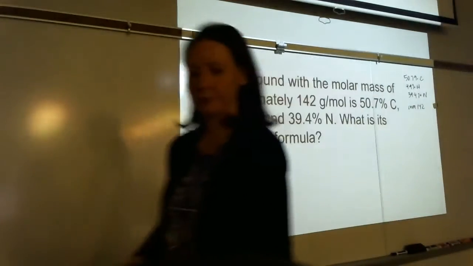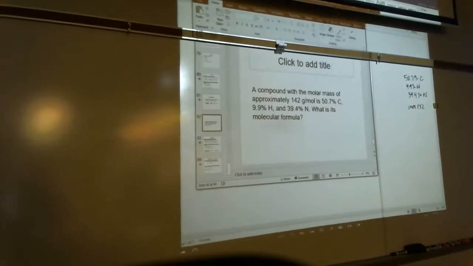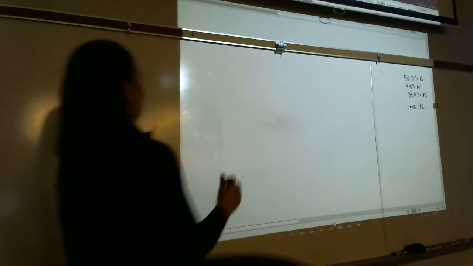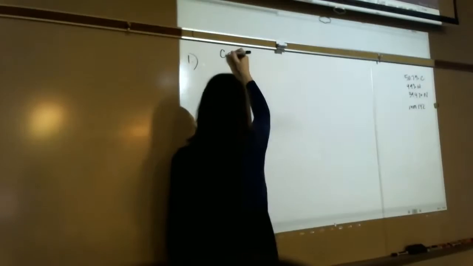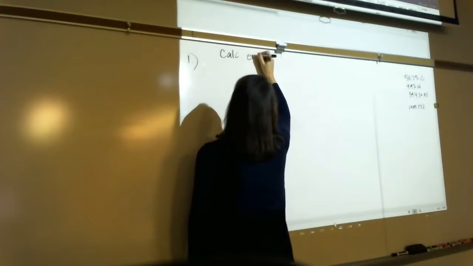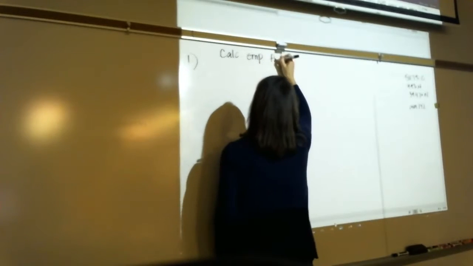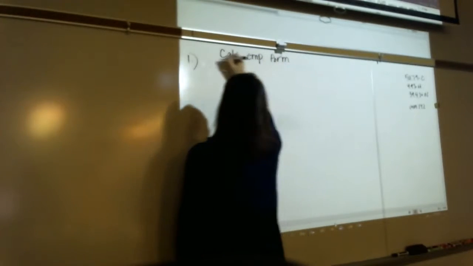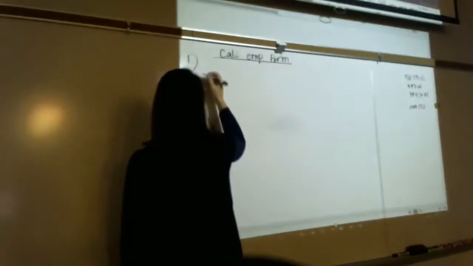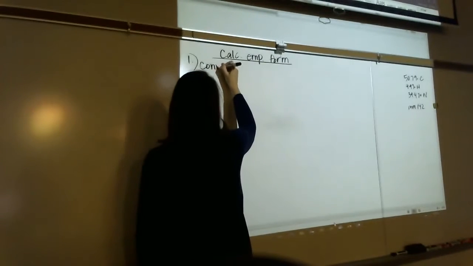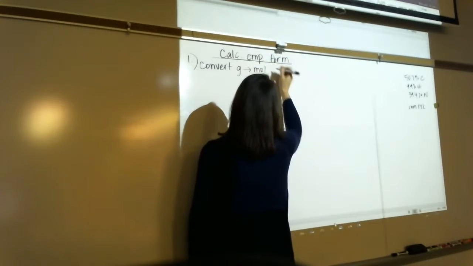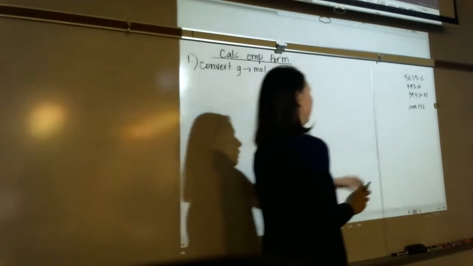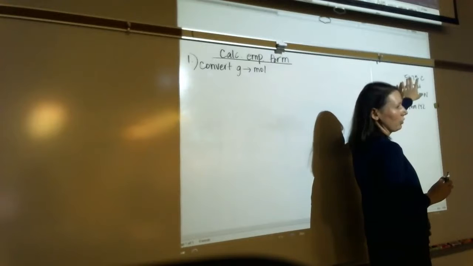Okay. So let's go back to here. Okay, so step 1, we're going to calculate the empirical formula. Step 1, we're going to convert grams to moles. So we are going to pretend that we've got a 100-gram sample.